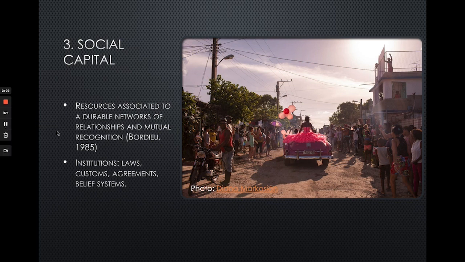Here, for example, we see a quinceañera party in Cuba where the customs, traditions, and social structure define the types of rituals that are carried out in this specific location.